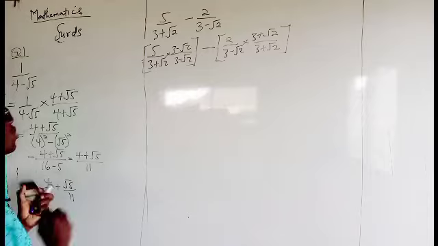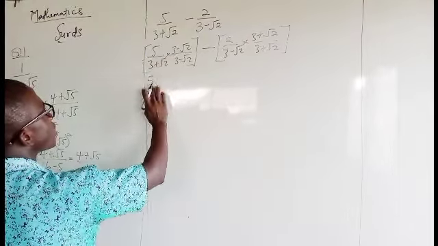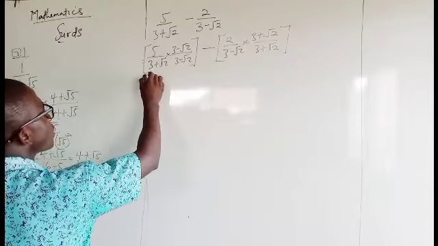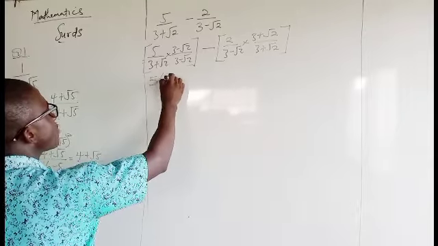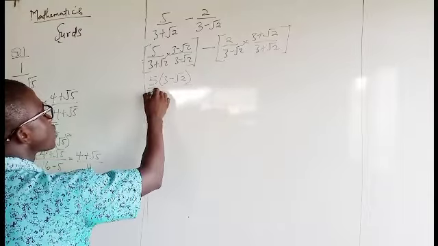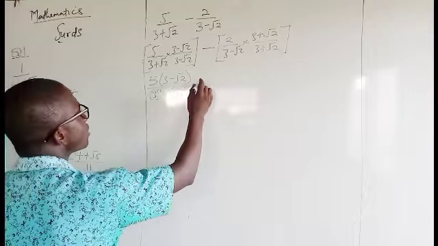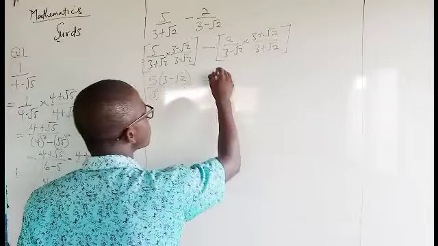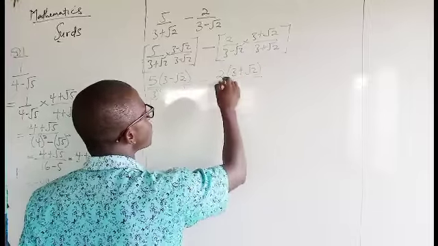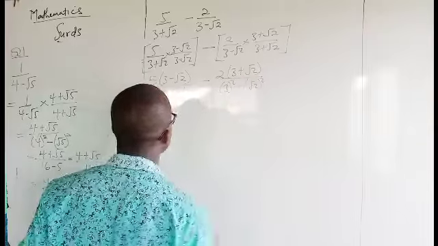Okay, so this gives us 5 into brackets. Okay, let me expand everything. 5, 3 minus root 2, all over 3 squared minus root 2 squared. Then minus 2 into bracket 3 plus root 2 all over 3 squared minus root 2 squared. Okay?